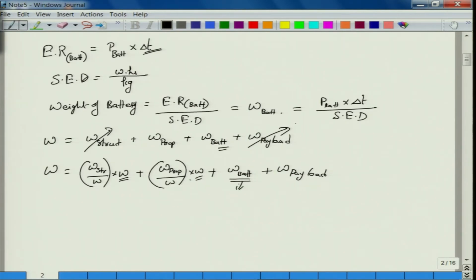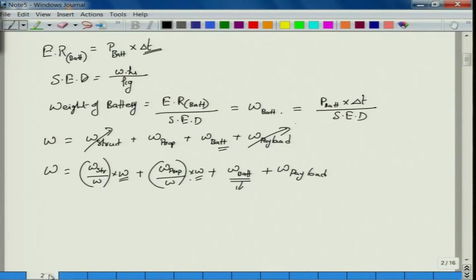In that 4 kg, maybe say about 1.5 kg is the battery weight to carry out a mission that UAV was designed for. But the current UAV has to perform a different mission altogether, which is a 2 hours surveillance, right. So, for that case, the 1.5 kg battery that was assumed for the total weight of the aircraft, which was about 4 kg, may not be suitable for this particular mission requirement.